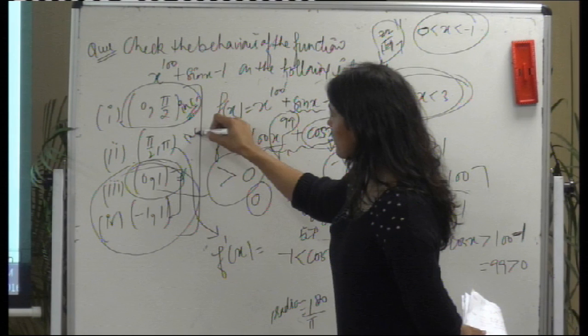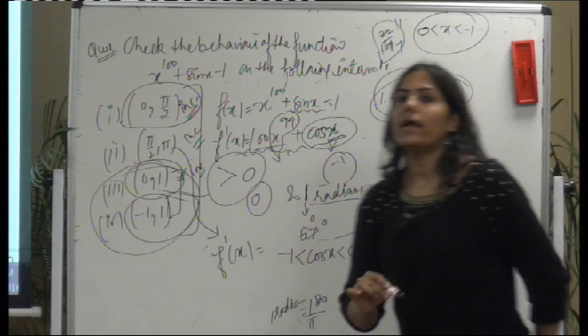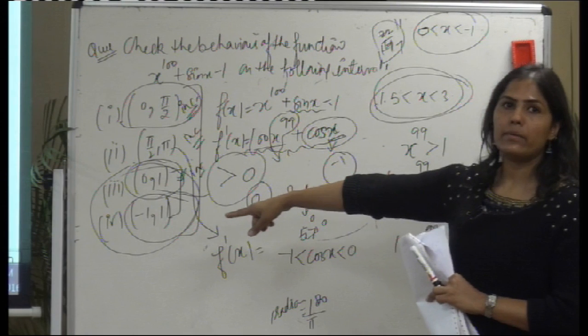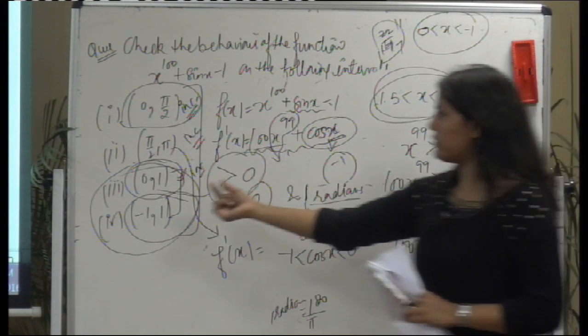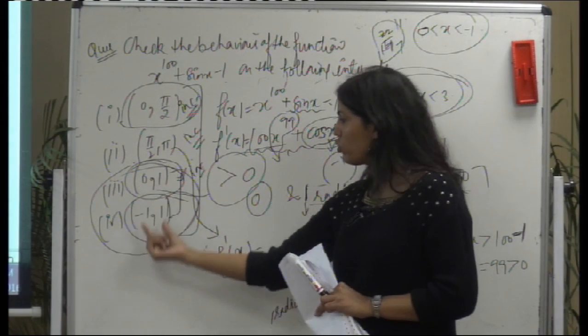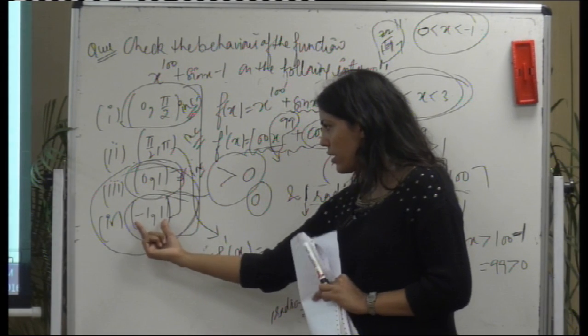What about minus 1 to 1? Now we have to discuss this interval. In 0 to 1 it is positive, as we have checked, so I will not check the complete interval.